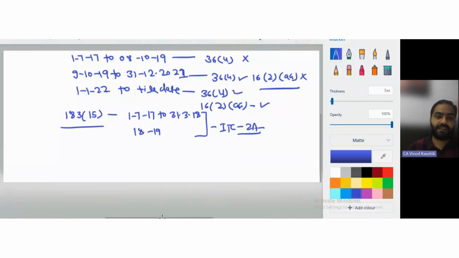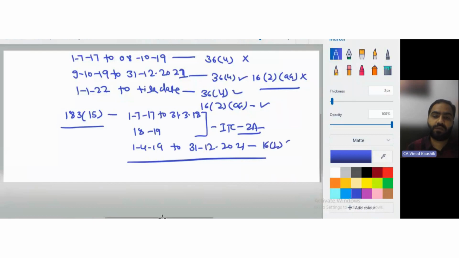But they left this period from 1st of April 2019 to 31st of December 2021, wherein 16(2) AA was not applicable.